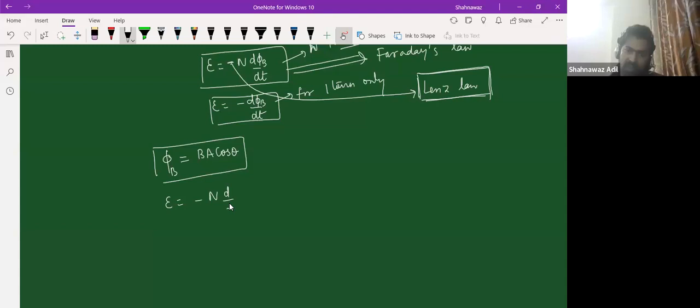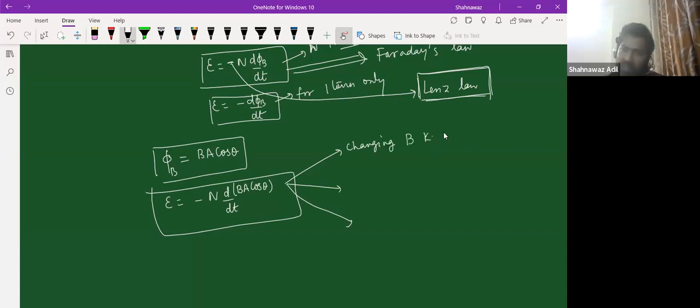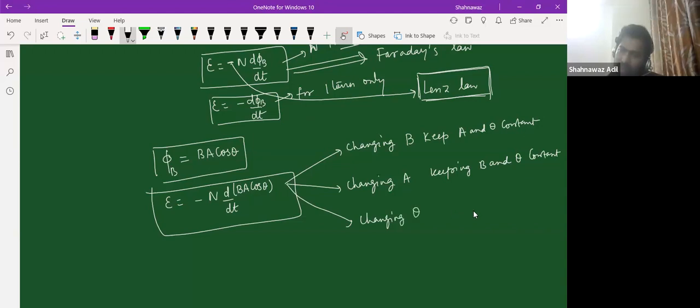So there are three ways in which EMF can be produced: changing magnetic field, keeping A and theta constant; changing area, keeping B and theta constant; or changing theta, keeping B and A constant.